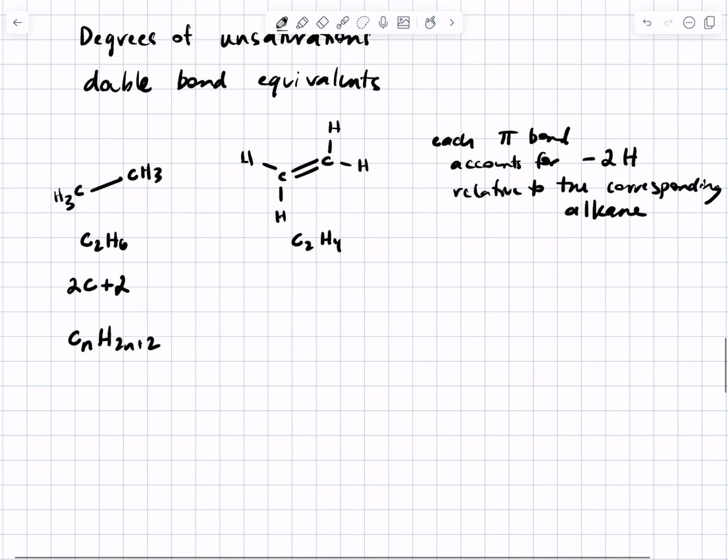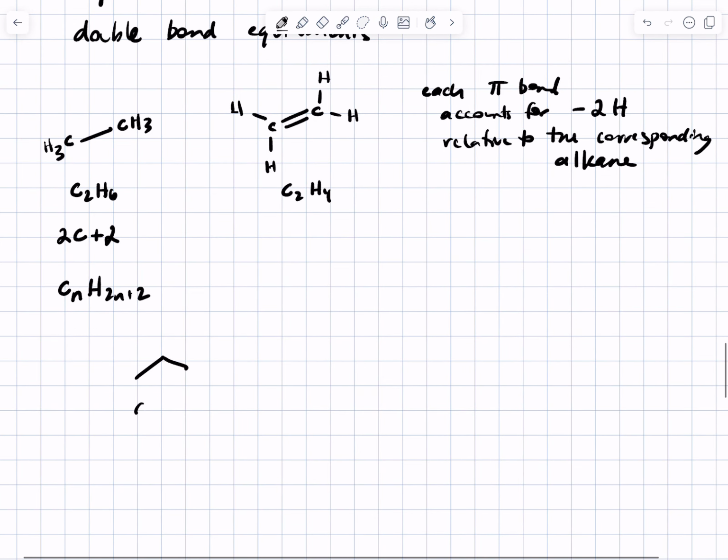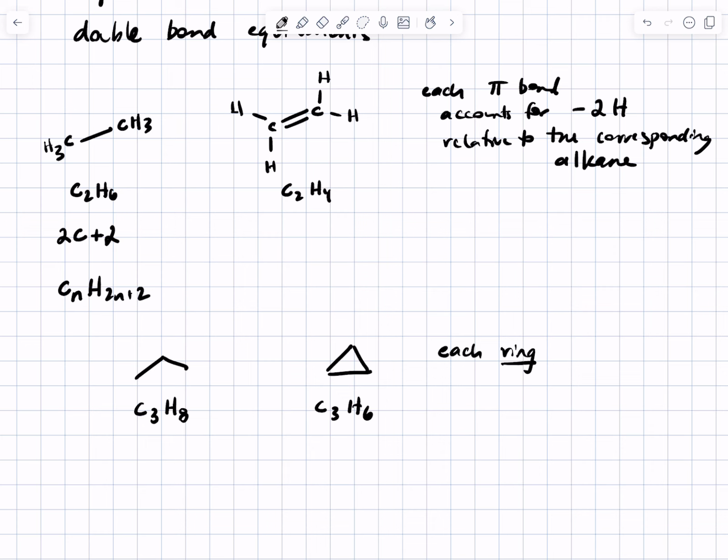Similarly, if we were to compare propane, C3H8, to cyclopropane, C3H6, we would see that each ring in a molecule also accounts, there's a U there, you just can't see it, for -2 protons relative to the acyclic molecule.